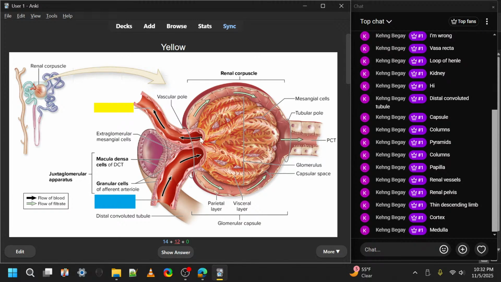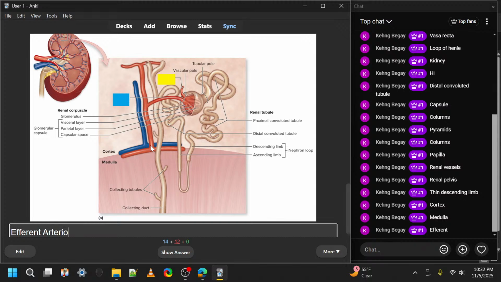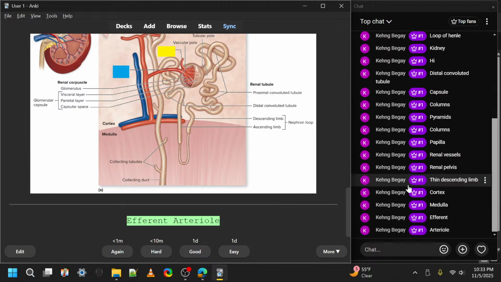Okay, so the yellow. I'll give you 5 seconds. Afferent. Arterial. Afferent arterial. You got the afferent, but you gotta put arterial. There we go, King.